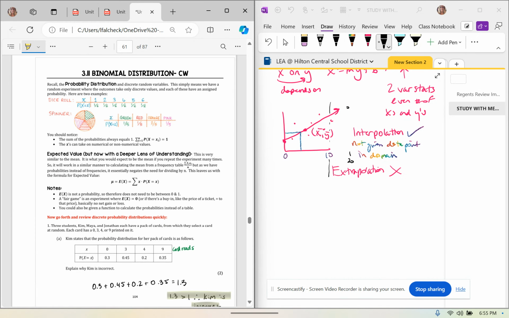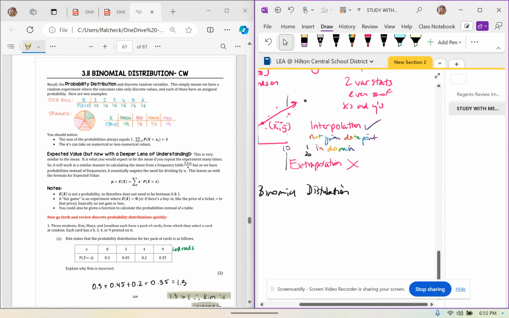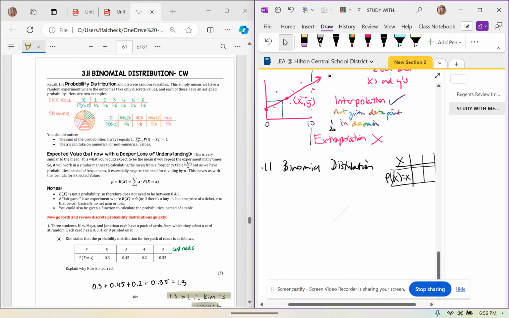Okay, binomial distribution, 3.11. A discrete probability distribution is going to be the one that looks like this. We know that these all add up to 1. In the bottom row, you have the probabilities, with discrete outcomes outlined on top.